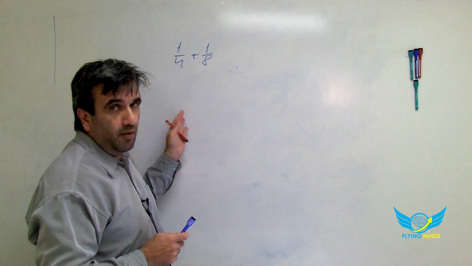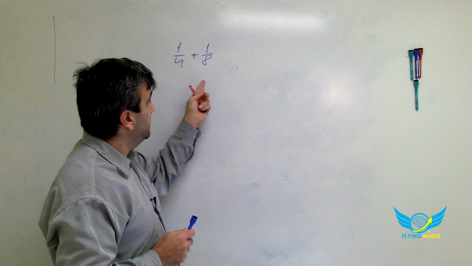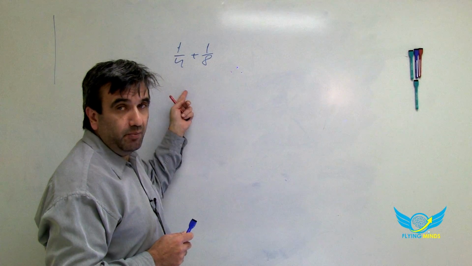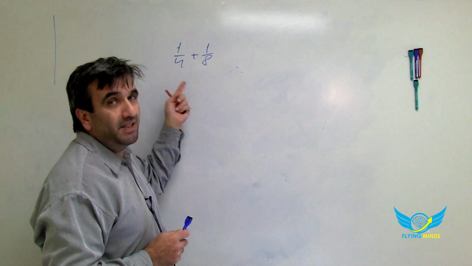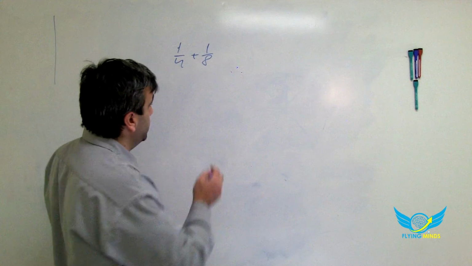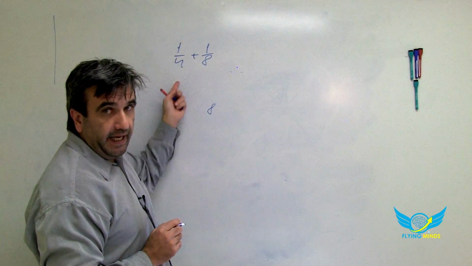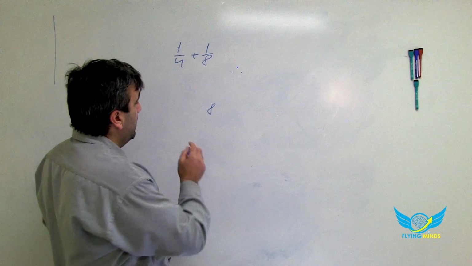It's the smallest number which is a multiple of 4 and 8, or in other words, that can be divided by 4 and 8. Of course, this number is 8. 8 can be divided by 8, and 8 can be divided by 4.